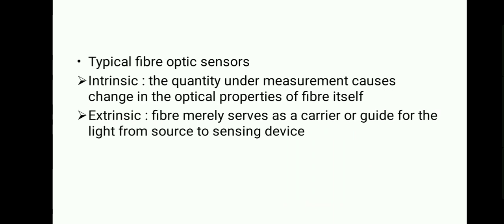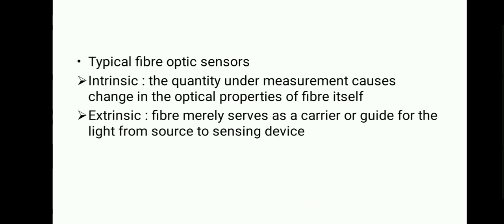In extrinsic fiber optic sensors, the fiber merely serves as a carrier or guide for the light from the source to the sensing device. So the fiber just acts as a carrier, whereas the properties of the optical beam projected inside the fiber cable undergo change.